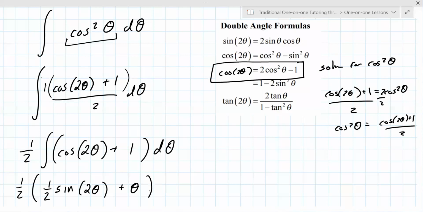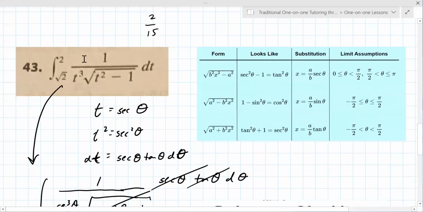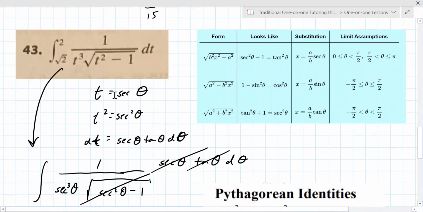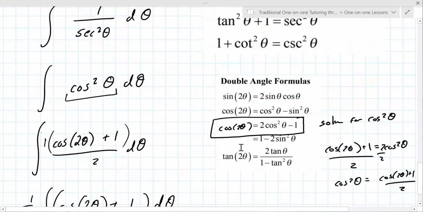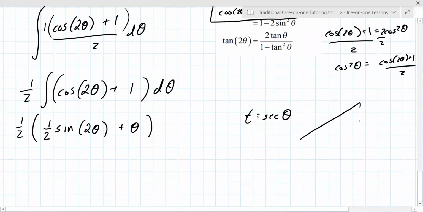All right, so the issue though is that we didn't do any of this in terms of theta, right? We started way back here with this. We said t equals secant theta. So we have to go back to our triangle. Here's theta.